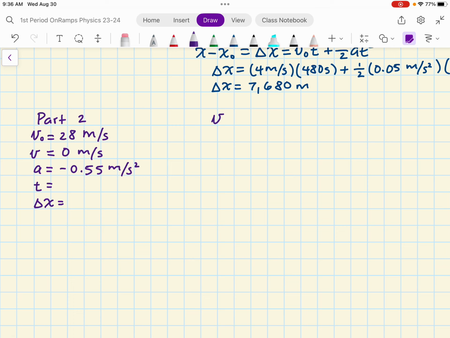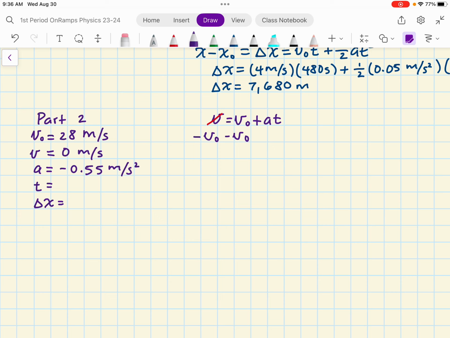So final velocity equals initial velocity plus at. The first thing I'll do is I'll move initial velocity to the left, and I also know that my final velocity is 0, so I can just cancel it.